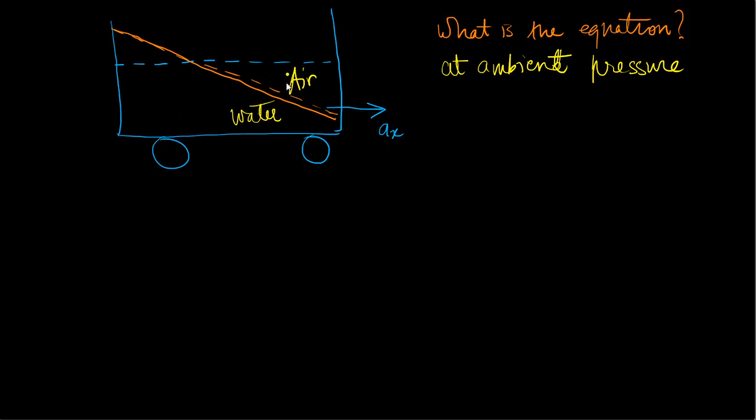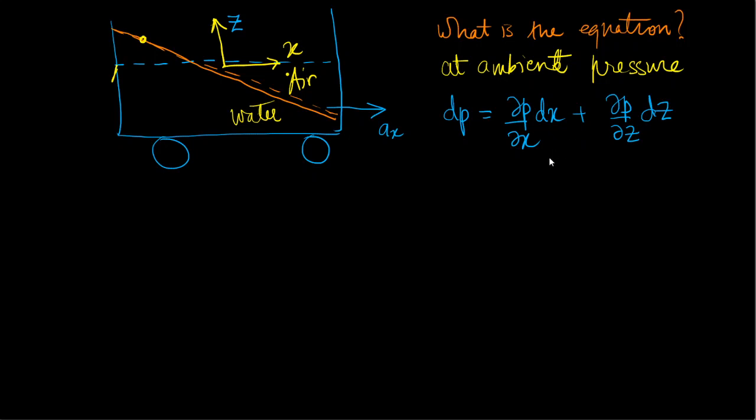So I can write at any point, let me call this axis as x and let me call this axis as z, using the convention used before. So dp in this coordinate system can be written as del p del x dx plus del p del z dz, and this statement is true regardless of whatever is going on.